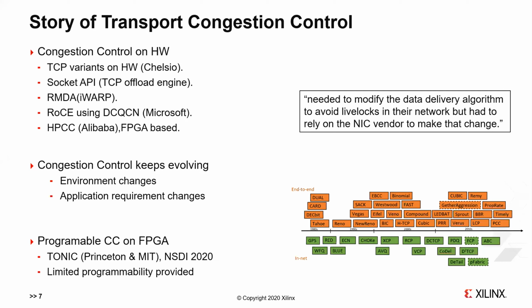You can see different algorithms, not only for end-to-end control, but also for intermediate control, have been evolving. The reason here is we will always have different networking scenarios or networking infrastructure evolving. For example, we had much higher bandwidth in the 1990s or 2000s, and then slow start was not so efficient.